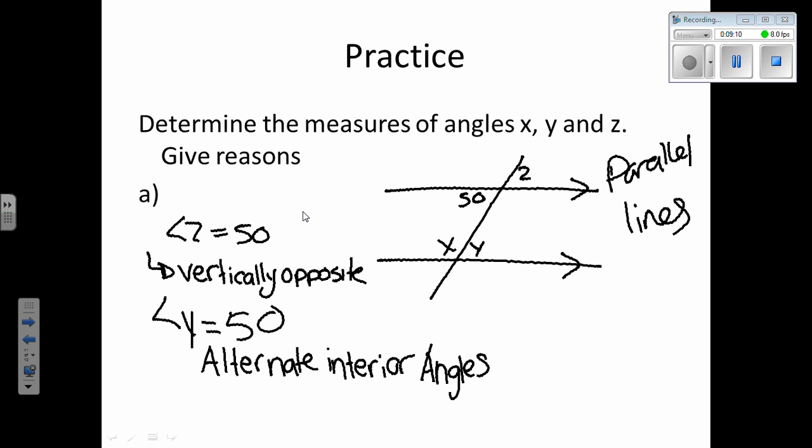So y equals 50 because they're alternate interior angles. So y is right across from 50, which makes them alternate interior angles on parallel lines, which means they are the same. And then how do we solve for x?